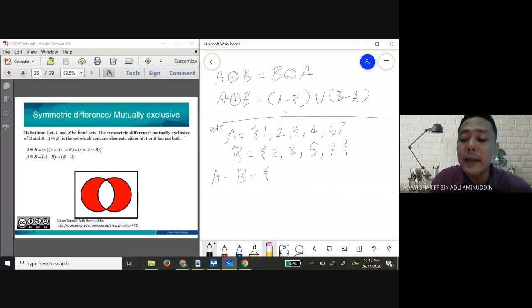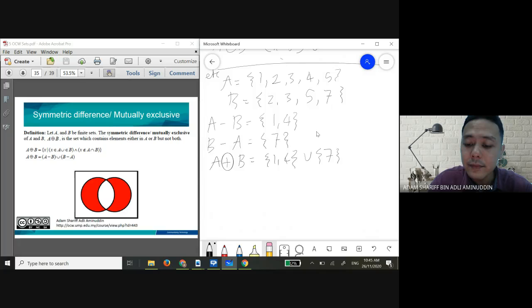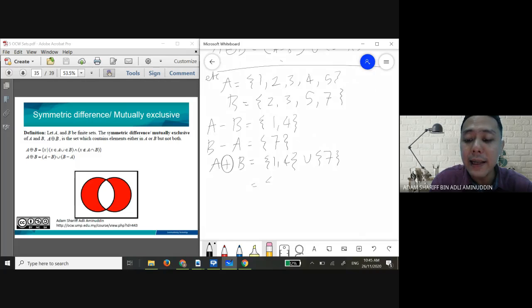Okay, so A minus B is 1, 4. What is B minus A? Is 7. So A mutually exclusive B is 1, 4 union with 7. So the outcome at the end will be 1, 4, 7.